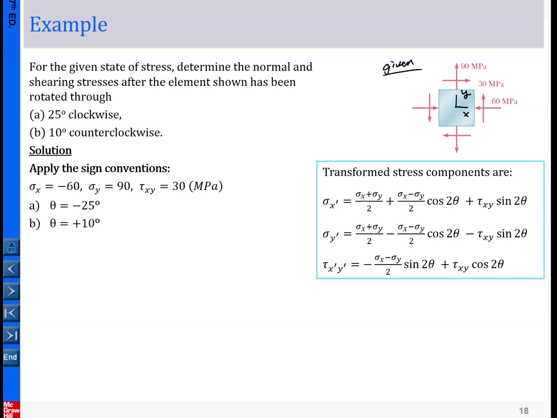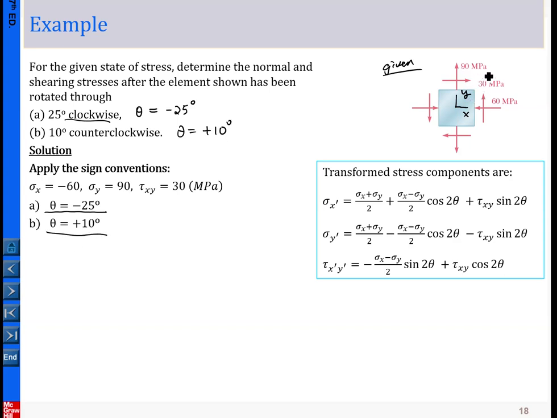So now we simply want theta equal to 25 degrees clockwise again, and that will be negative per our sign convention. Okay, so for this one, problem B, 10 degrees counterclockwise, so that's positive here.